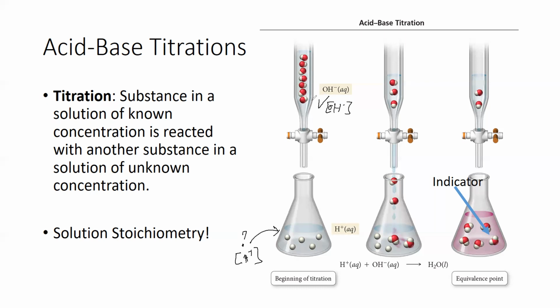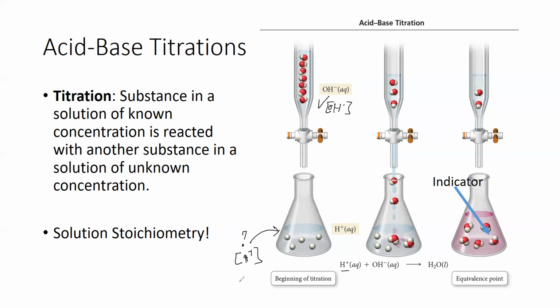You know what the concentration of this base is, and you're going to add enough base until you have converted all of the starting acid into water. Because then we can do a calculation, which I'll show you in a second, to figure out what the starting concentration of this acid was.